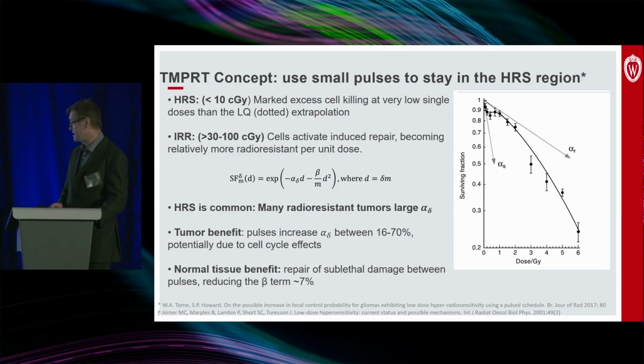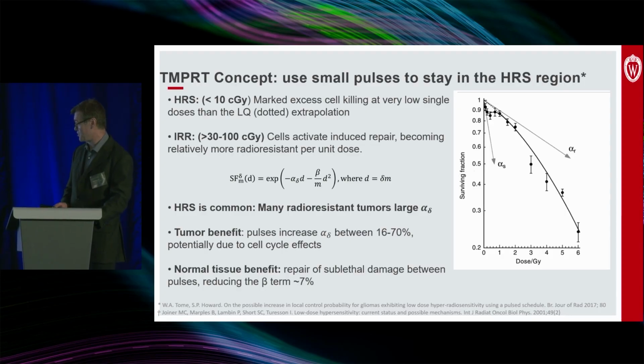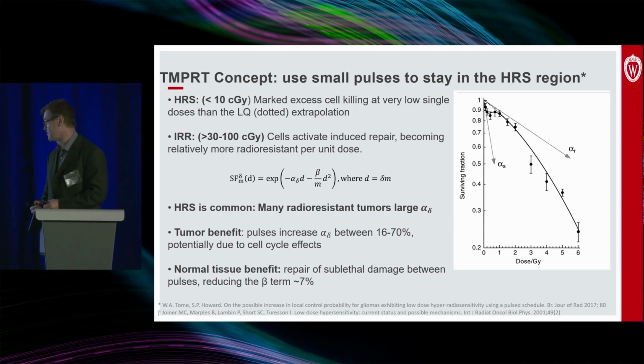There's been some modeling that Dr. Tomei and Dr. Howard did in like 2007 to try to explain that increase in cell kill, and it more or less has to do with the potential of cells to be in different division cycles, the G2 and M phases. Because cancer cells tend to be dividing more than normal brain tissue, they are a little bit more susceptible to some of the alpha damage that could potentially make them more radiosensitive.